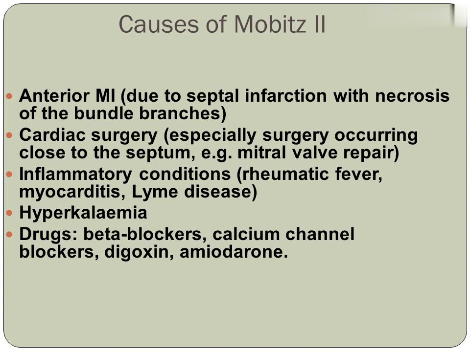Causes of Mobitz 2. Anterior MI, due to septal infarction with necrosis of the bundle branches. Idiopathic fibrosis of the conducting system, Lenègre's or Lev's disease. Cardiac surgery, especially surgery occurring close to the septum, for example mitral valve repair.